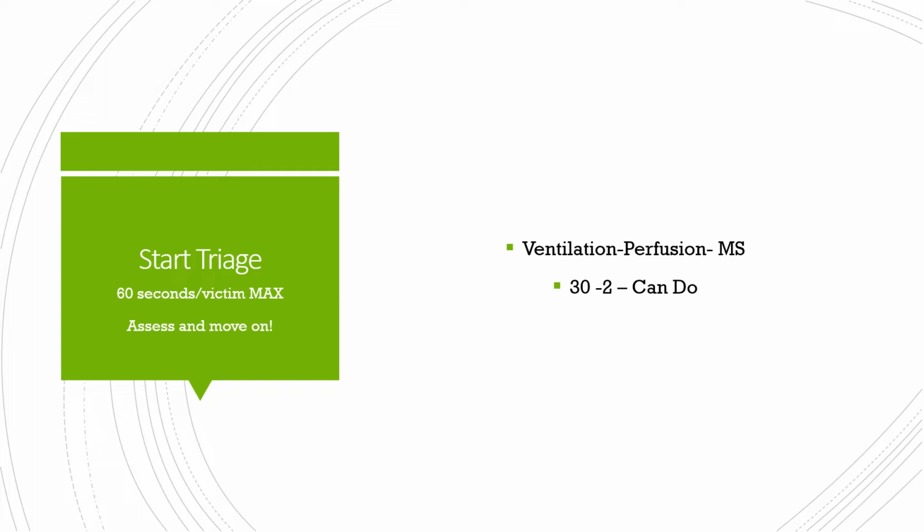And one of the things that they do to help you remember START triage is ventilation, perfusion, mental status, or "30, 2, can do." And what that stands for is 30 ventilation. So if someone is greater than 30, they're going to fall in the red category, and I'll go through that with you.